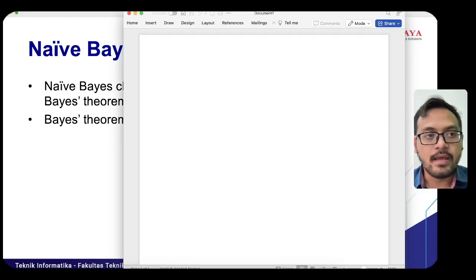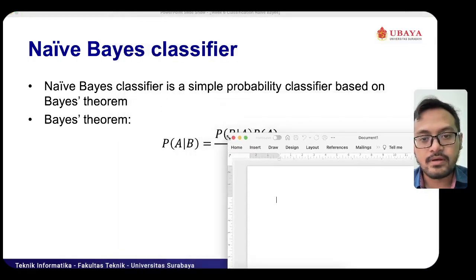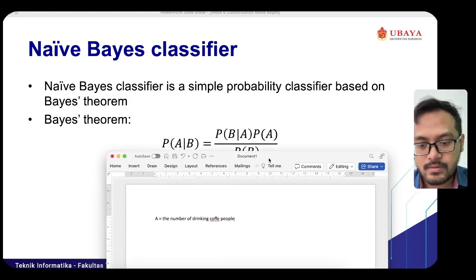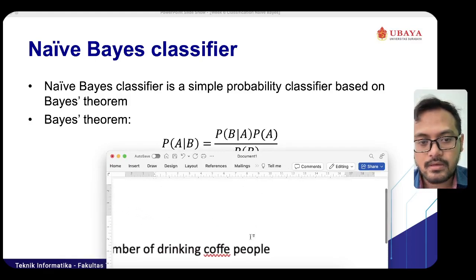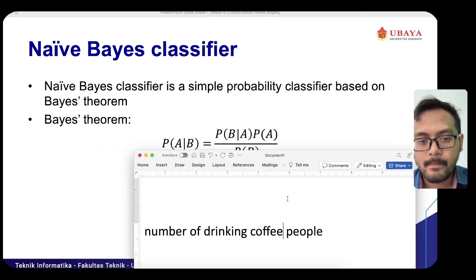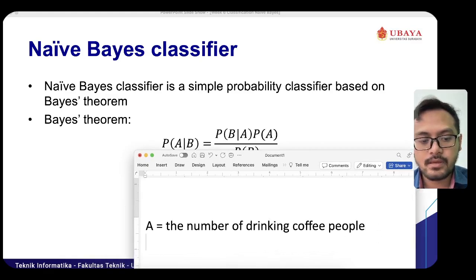Let's say A is drinking coffee, the number of people drinking coffee, and B is the number of smoking people.